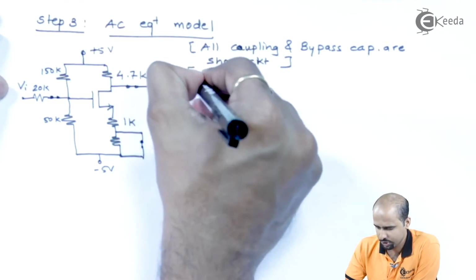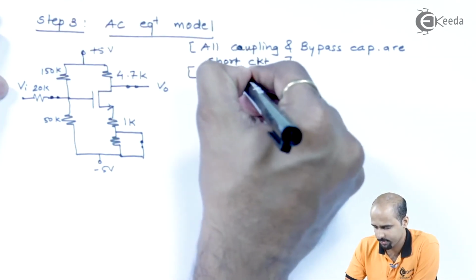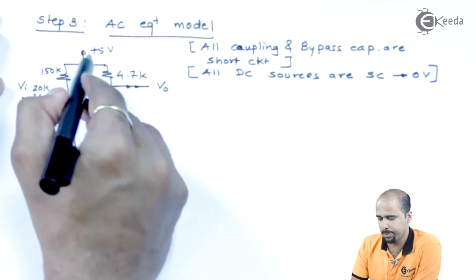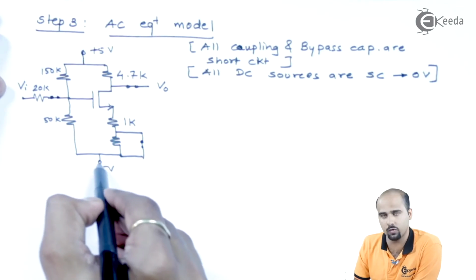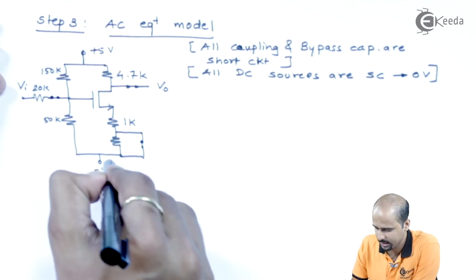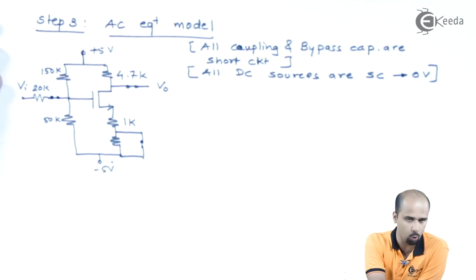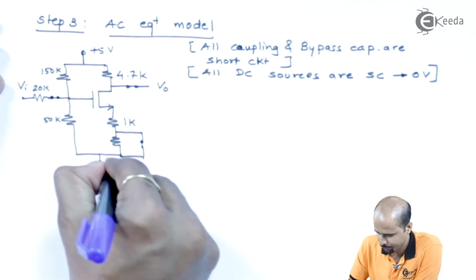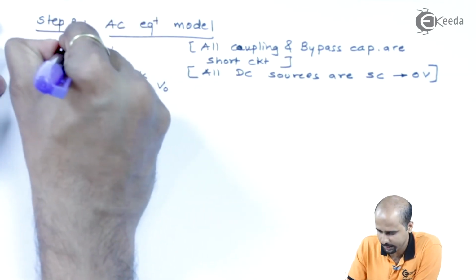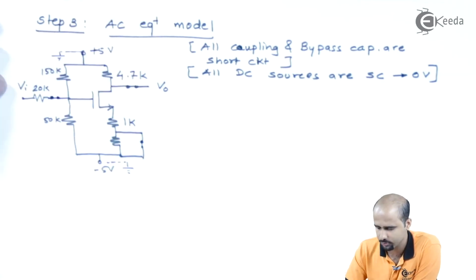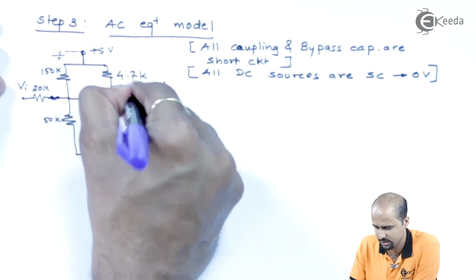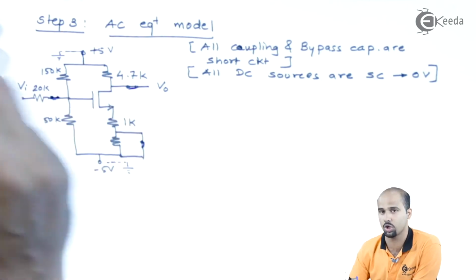Second thing, you have to make sure that all DC sources, so I can say that plus 5 volt and minus 5 volt are short circuited, connected to the ground itself. So I can say that this will be connected to the ground, right? This is also connected to the ground. These capacitances are short circuited.